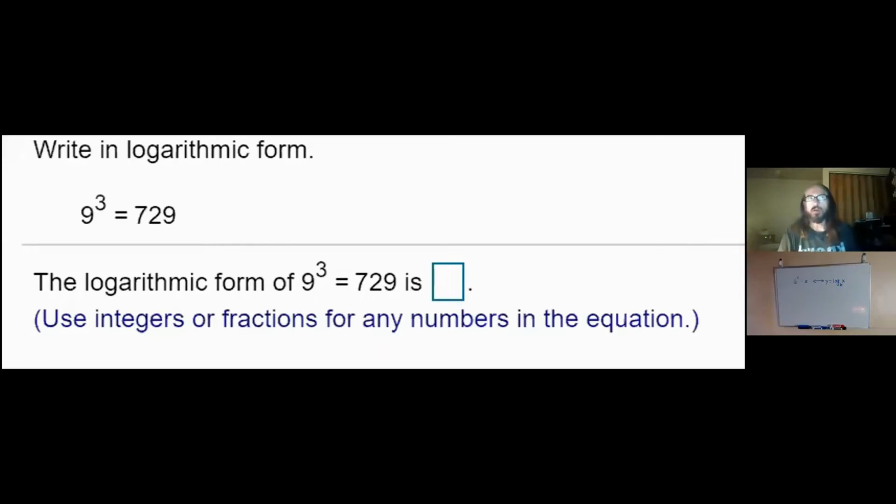All right, up on the board we have the definition of a logarithm. The two-directional arrow means that we can go both ways, from exponential form to logarithmic form, and vice versa, from logarithmic form to exponential form. So we have this question here: to write 9 cubed equals 729, which is in exponential form, as a logarithm.